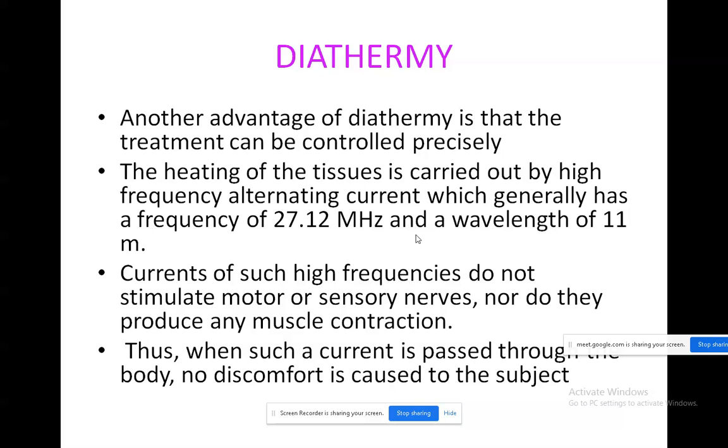Motor nerves provide muscle contraction. Muscle contraction, I think you all know, gives relaxation for the muscles.